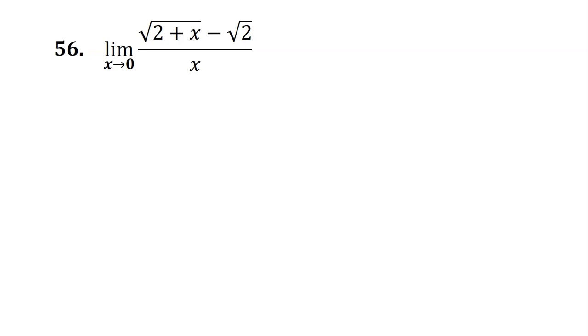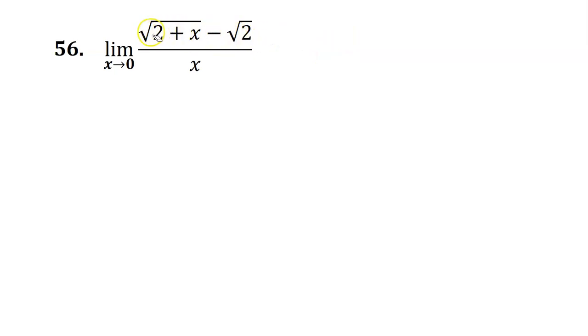So at least mentally, imagine plugging in 0 right here. Well, that's just going to leave radical 2 minus radical 2. So that's going to be 0 in the numerator. If I also plug in 0 for this x right here, of course the denominator is 0, and there is the indeterminate form, which tells us nothing.